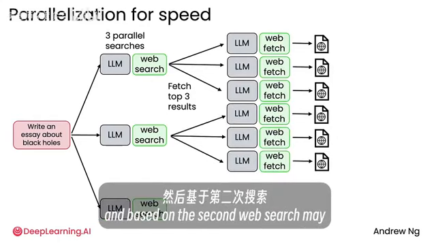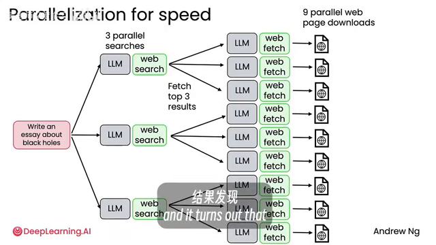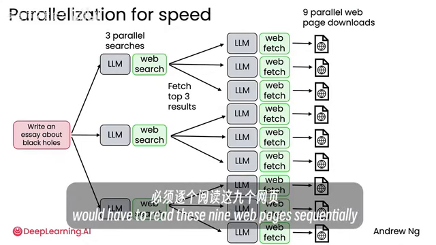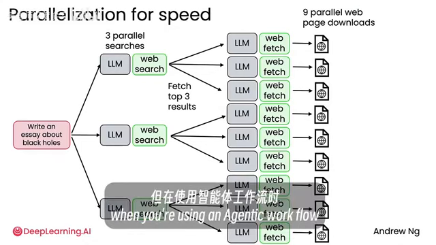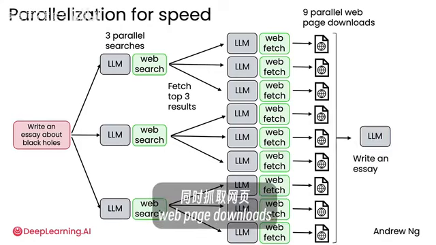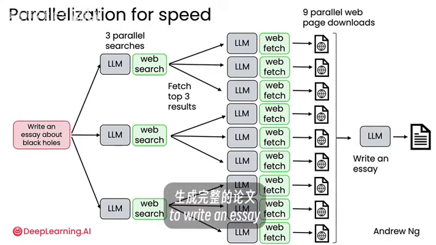And based on the second web search, it may identify a second set of web pages to fetch, and so on. And it turns out that whereas a human doing this research would have to read these 9 web pages sequentially, or one at a time, when you're using an agentic workflow, you can actually parallelize all 9 web page downloads, and then finally feed all these things into an LLM to write an essay.